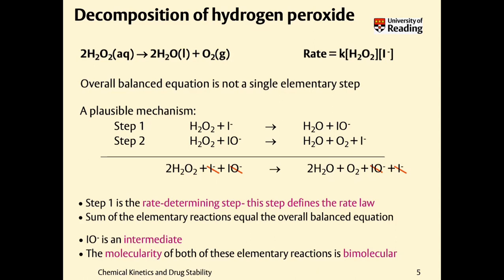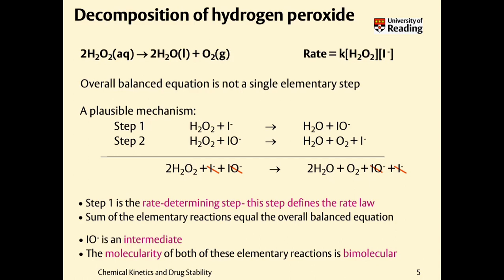And if you add both of the steps together, you must end up with an overall balanced equation that matches the reaction that we know. So those 2 things must apply when we come up with our plausible mechanism. And this plausible mechanism here gives us these 2 things.